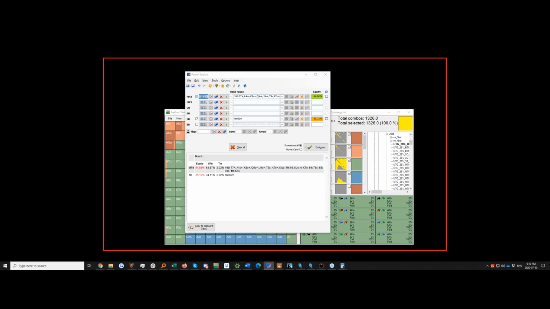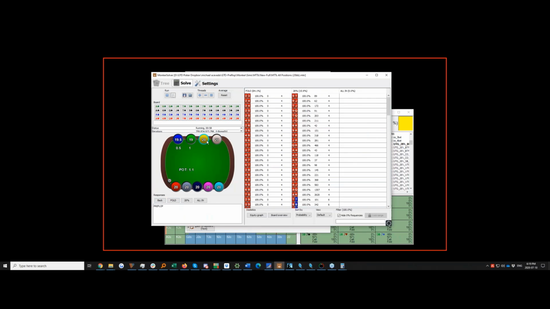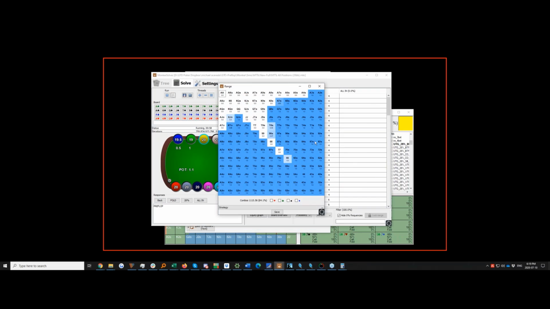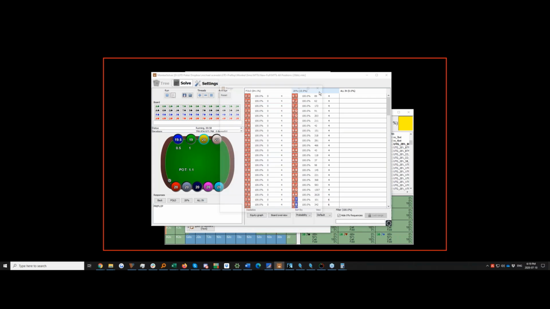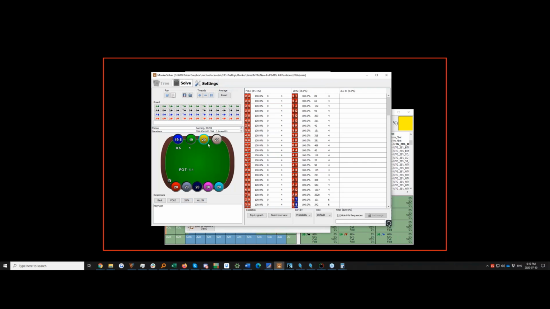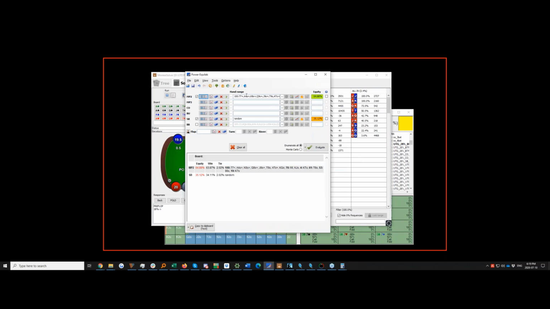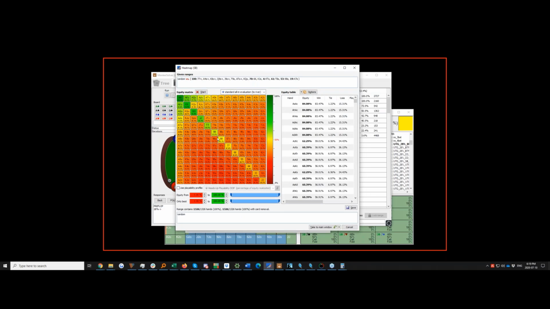If we look here in the solver, under the gun is folding 84% of hands and raising about 16% of hands. So given this exact same range to the under the gun player and all hands to the big blind, we can look at the heat map and see exactly the equity.